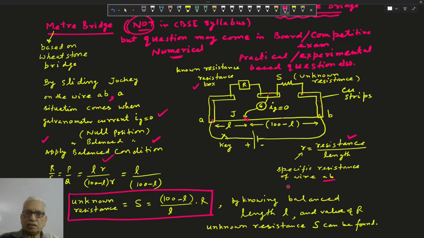Here the length 100 minus L multiplied by the resistance per unit length is the resistance Q. The per-unit-length resistance cancels, giving L upon 100 minus L. This way the unknown resistance can be found as S equals 100 minus L upon L into R. By knowing the resistance of the resistance box and the balancing length L from the left hand, we can find the unknown resistance.